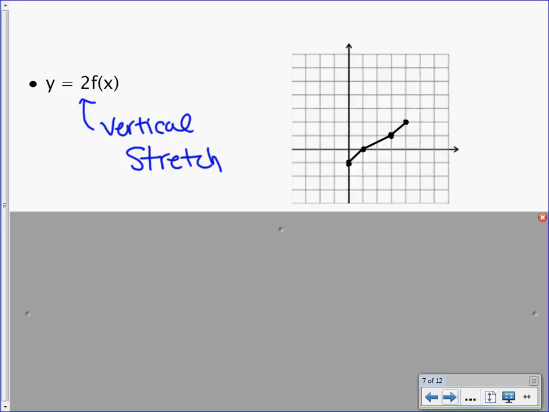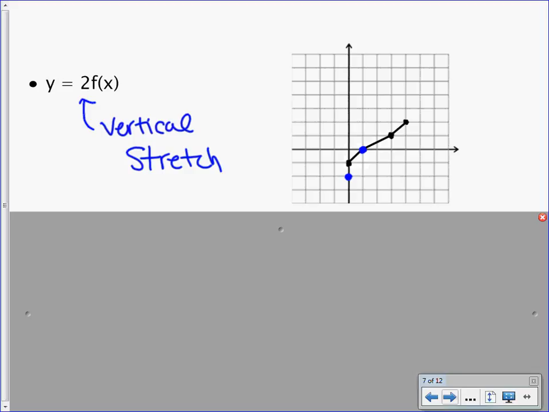First of all, is it affecting the x or the y coordinate? The y coordinate. So all of our y coordinates, what do we have to do with them? Multiply by 2. So this y value is -1. It becomes -2. The x stays the same. The y becomes -2. Here's the coordinate 0, 0. The y coordinate is 0. The new y coordinate is 0.